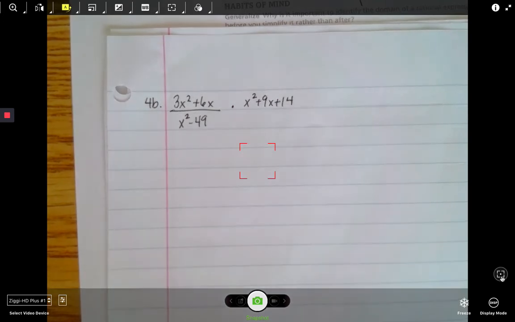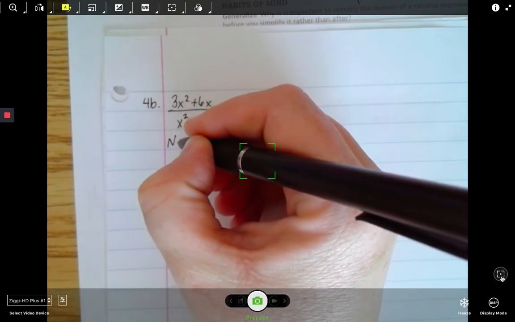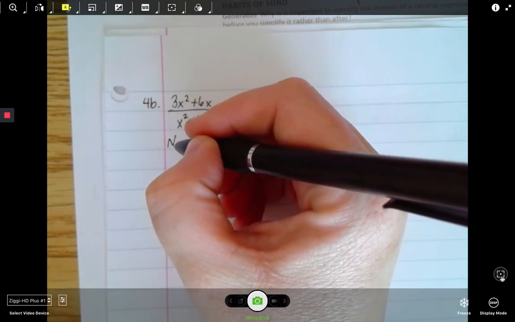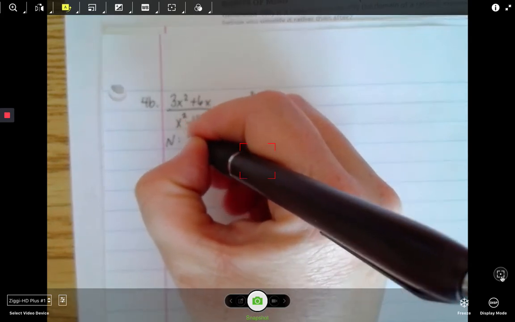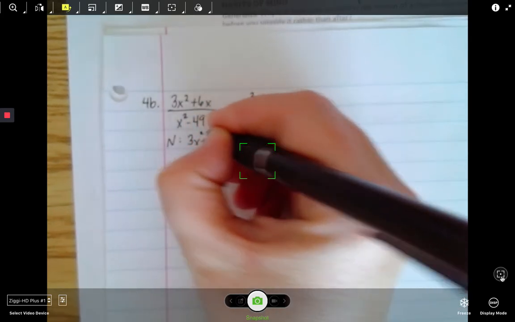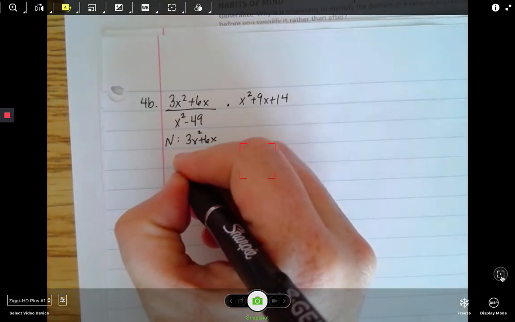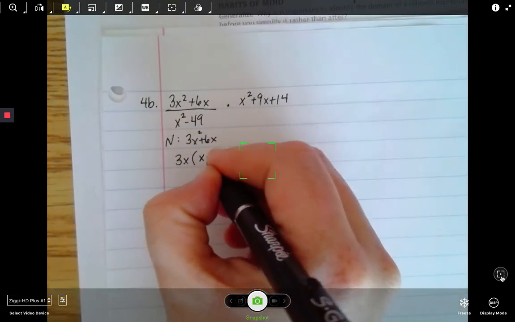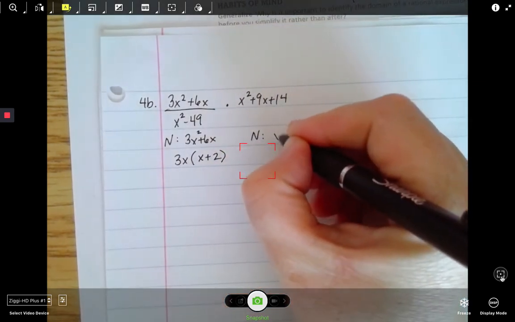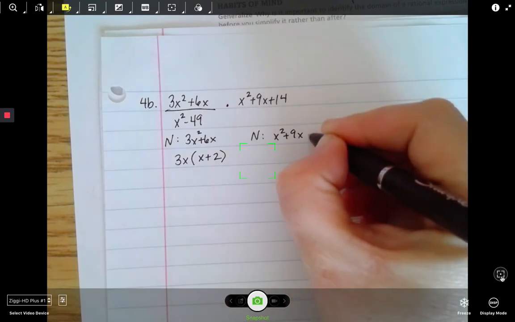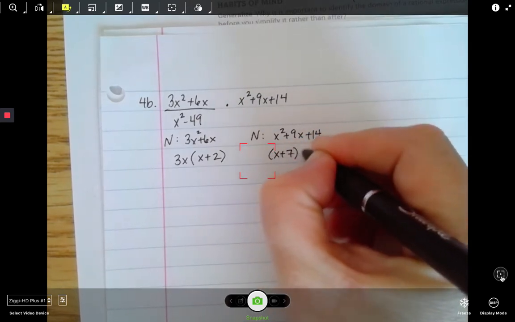Alright, so again, factor the numerators, we'll factor the denominator. Numerator 1, I've got 3x squared plus 6x. Factor out a 3x, and I'm left with x plus 2. Numerator 2, x squared plus 9x plus 14, it's going to factor into x plus 7 times x plus 2.